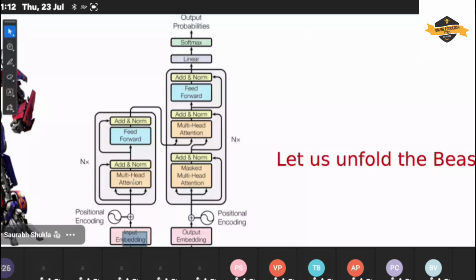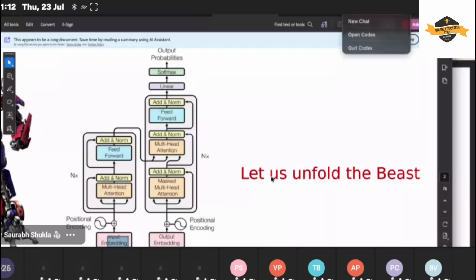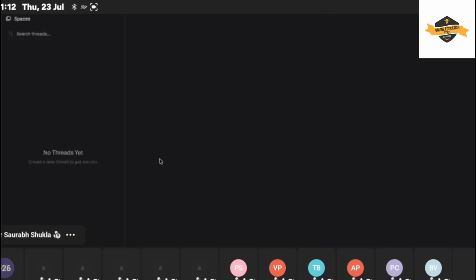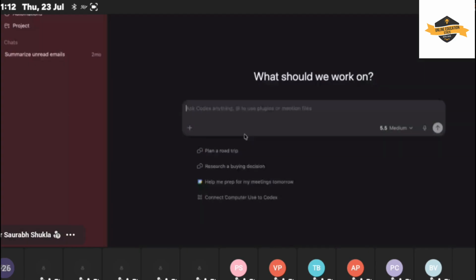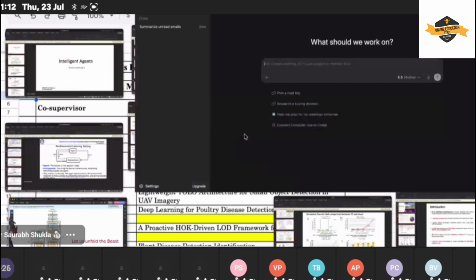That's why nowadays you can see different versions of large language models. This is Perplexity, and this is Codex for designing a particular code and project. And then there are other cloud and other things also.